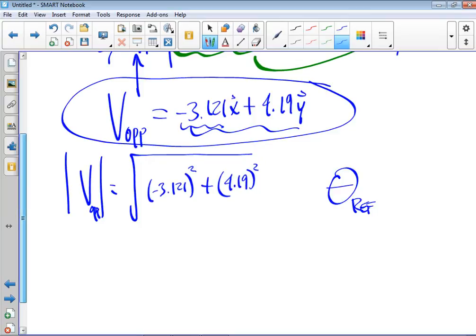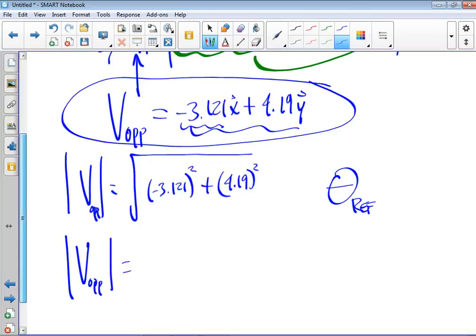So that's going to be 3.121 squared. That should come out positive because you're squaring a negative. So negative times a negative is a positive. Plus 4.19 squared equals. So I got the magnitude of the opposite vector.